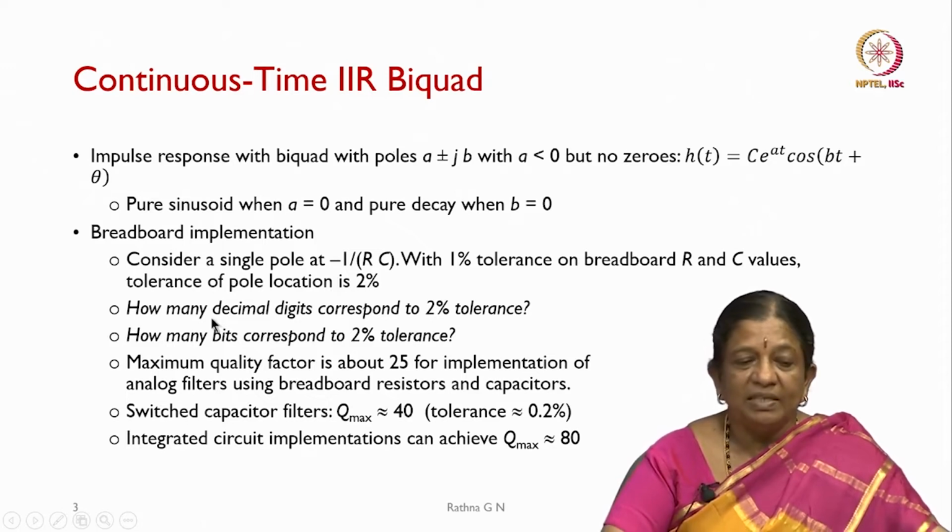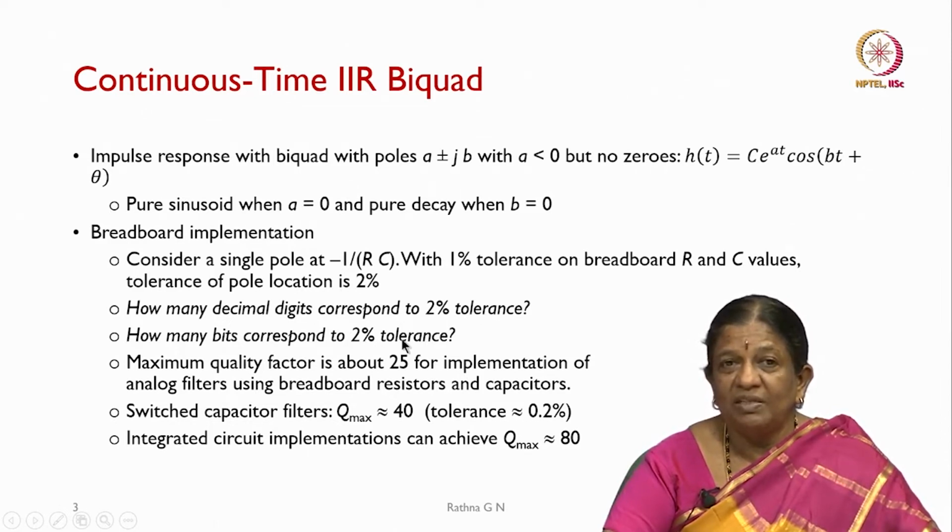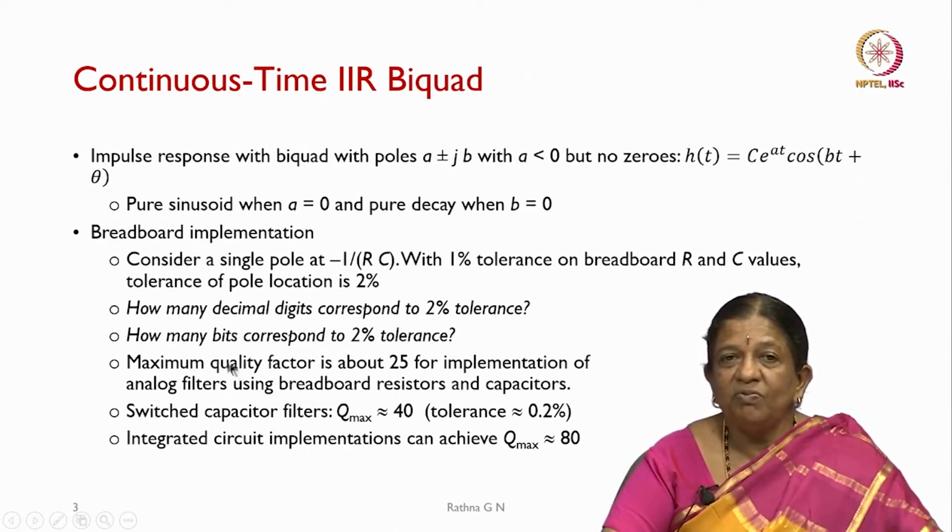We will look at how many decimal digits and how many bits correspond to 2% tolerance. The maximum quality factor for implementing analog filters using breadboard resistors and capacitors is about 25. With switched capacitor filters, the maximum quality factor we can achieve is approximately 40, for a tolerance of approximately 0.2%.